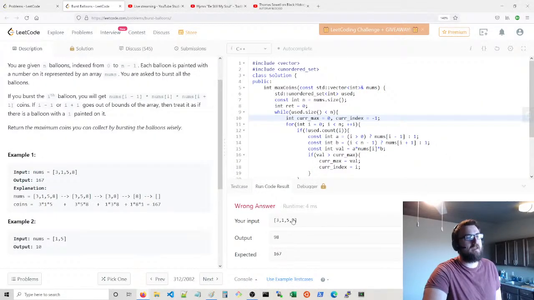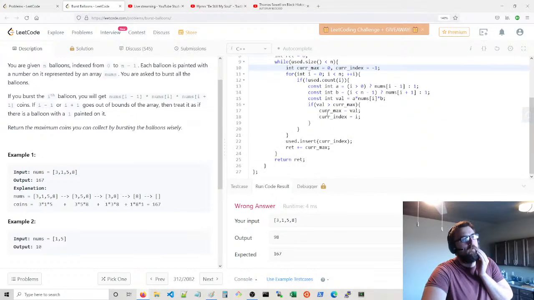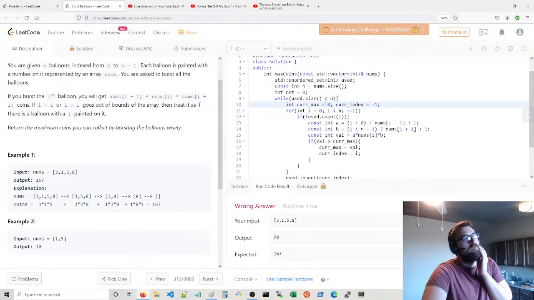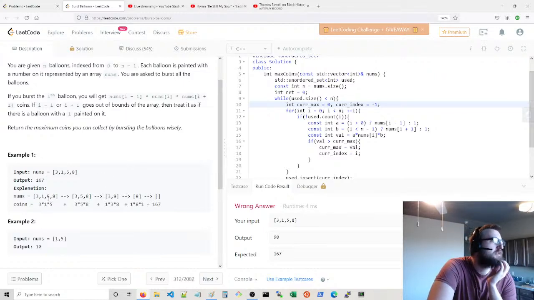Wrong. Okay. Of course. Yep. So 3158 just doesn't work. So we picked the largest possible. That would be 158, the first one, I think.